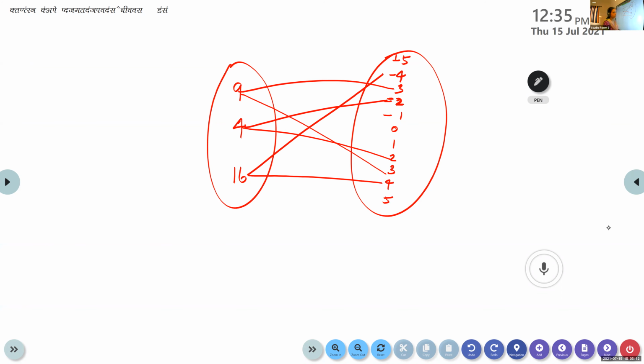So here the relation is given in an arrow diagram. We have to represent it in set builder form.